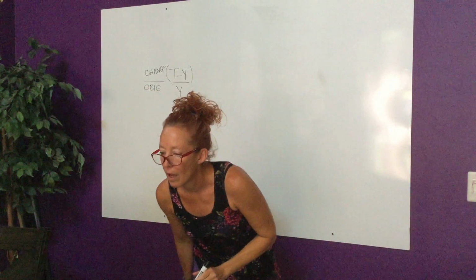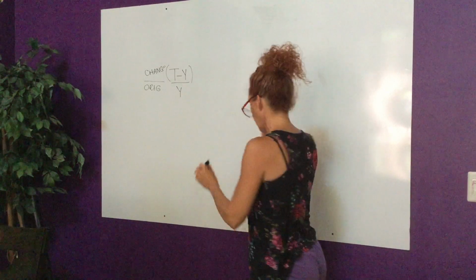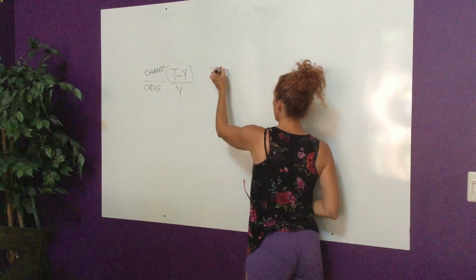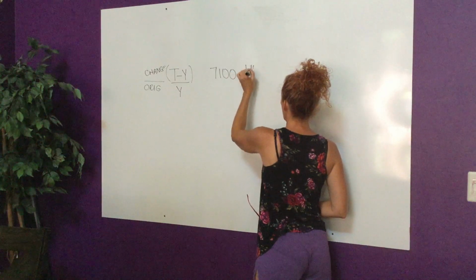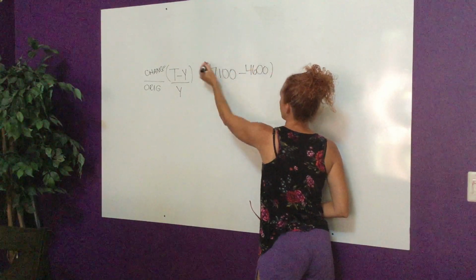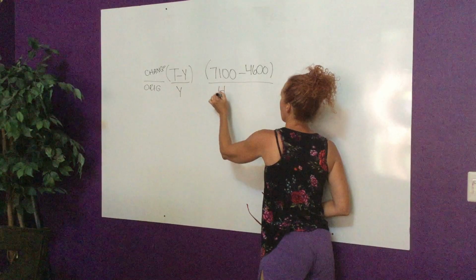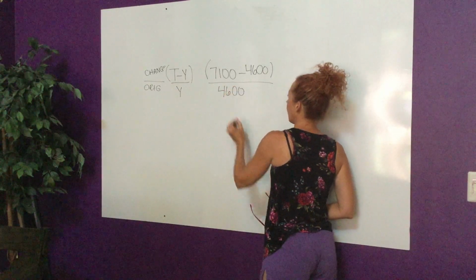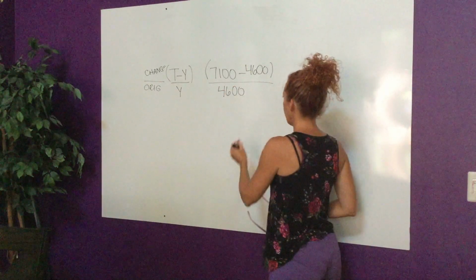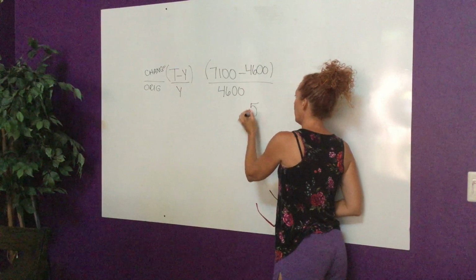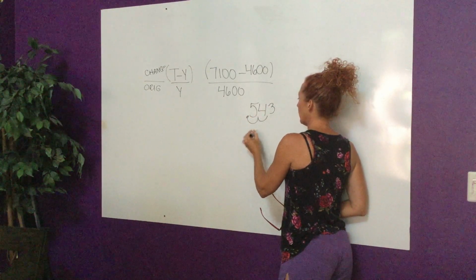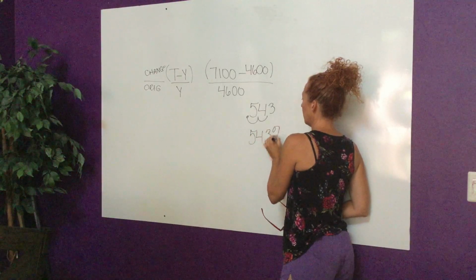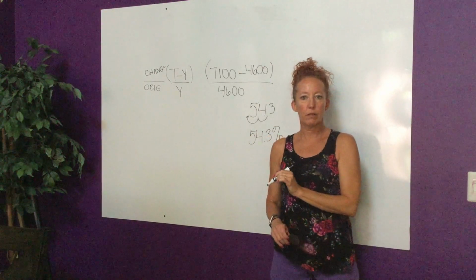So the change 7,100 minus 4,600. My only advice here would be to make sure that's in parentheses, and this was originally that. Don't forget to move your decimal. So you're going to end up with this, and you're going to move that twice. And so it looks like that.